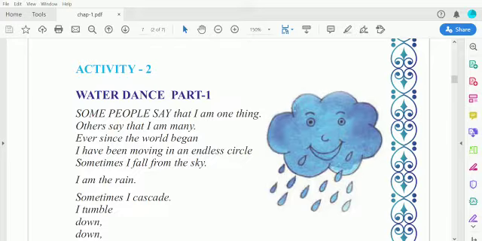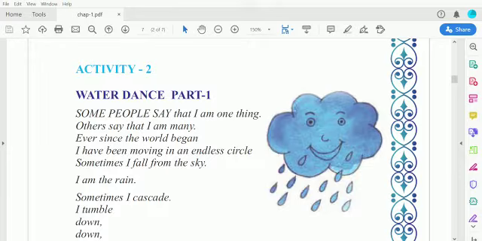And here we are going to start with the poem type. Here the writer has written in a poem type, that is Water Dance. So you all see the water. It is of different forms, so according to the forms, it is named. Okay, if you see water in the lake, it is named as lake.